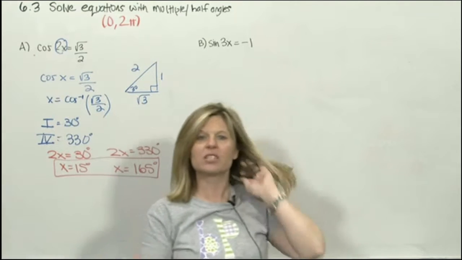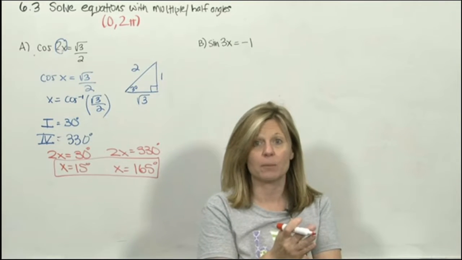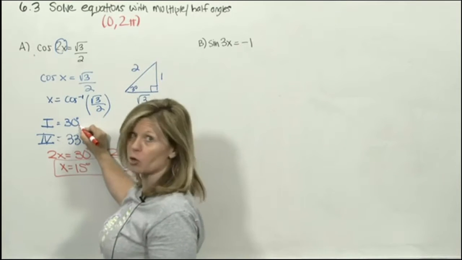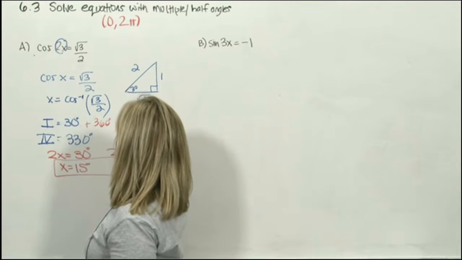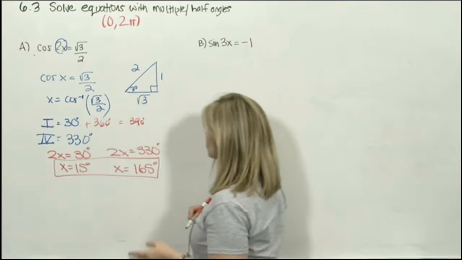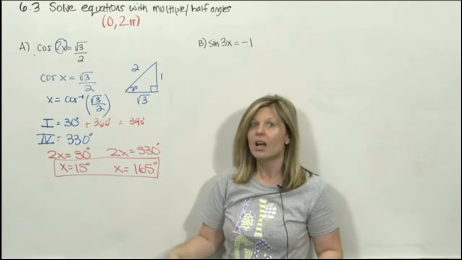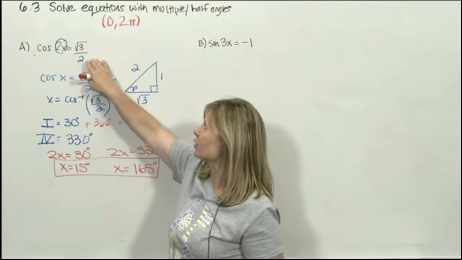What do we call angles whose terminal rays land in the same position? Coterminal. So guys, do you agree I can get a coterminal angle to this by adding 360? And that would give me 390 degrees. So if I looked up the cosine of 390 degrees, we know that's like looking up the cosine of 30 degrees, which would give us the same value.